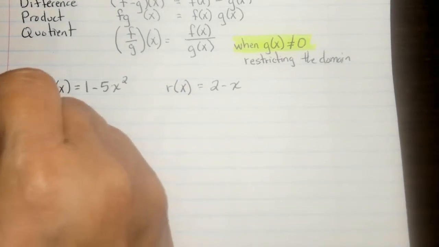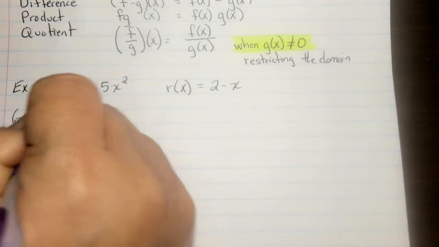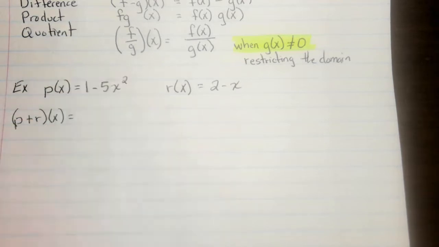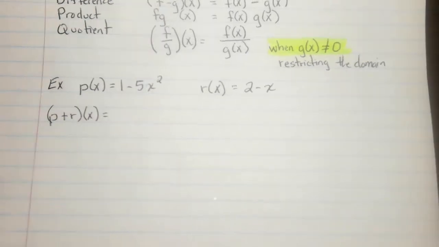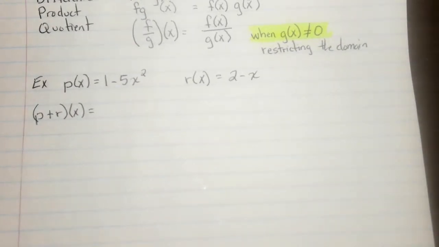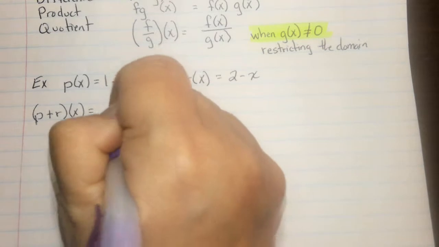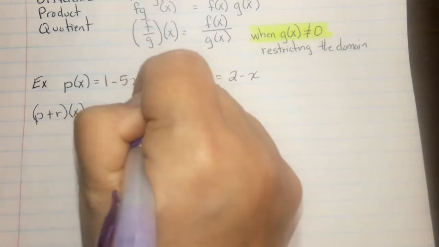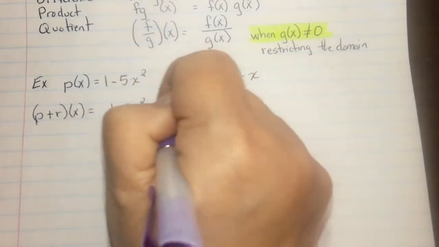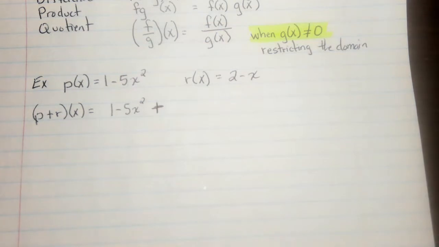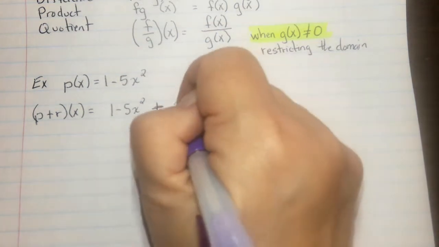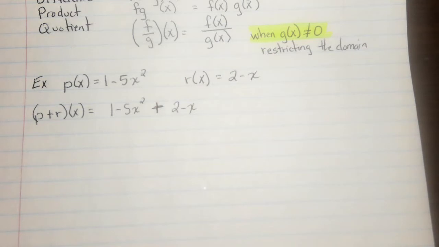So let's start with the sum, p plus r of x. Well, all that means to do is to take function p, which is 1 minus 5x squared, and then add that with function r, which is 2 minus x.